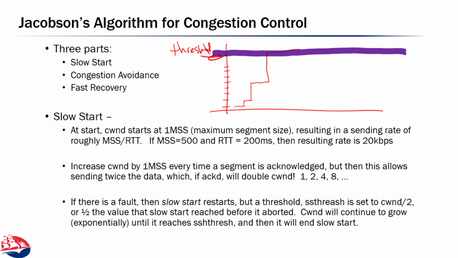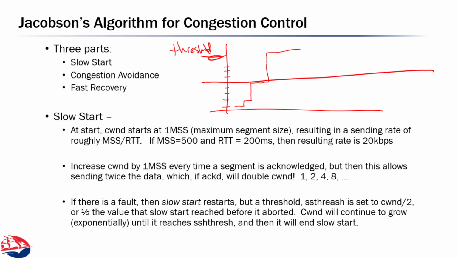And what we're going to do is go back to slow start. Actually, I guess I drew this at the wrong space. The threshold should really be at about half. And we're going to move our way back up to this threshold. And once we get to that threshold, at that point, we're going to be done with the slow start algorithm.